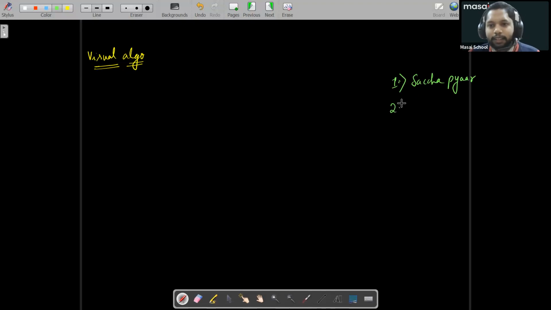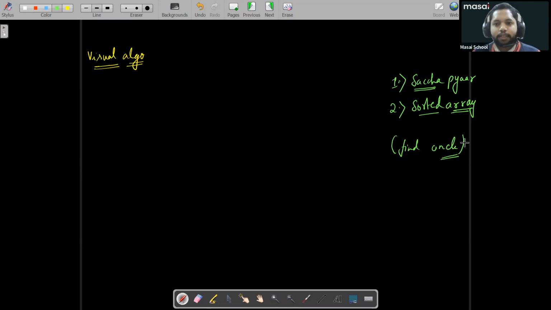And the second thing is a sorted array. If you are getting a sorted array, that means most of your problems are already solved. If I say that you need to find an element, and the array is already sorted, that is great, guys. So take care of these two things: sacha pyar and sorted array.